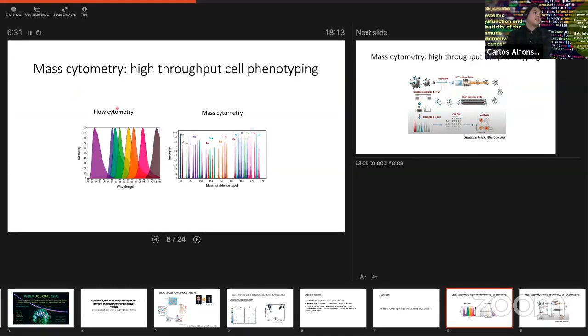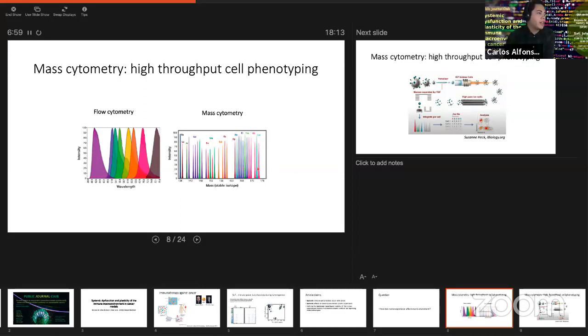In contrast to flow cytometry, that a lot of us know already, flow cytometry is limited by spectral overlap. So you can use several colors, but there's a point at which the spectral overlap won't allow you to go further and use several markers to do a phenotypic classification of your cells. In that sense, if we use mass cytometry, instead of using spectral colors, what we use is mass.